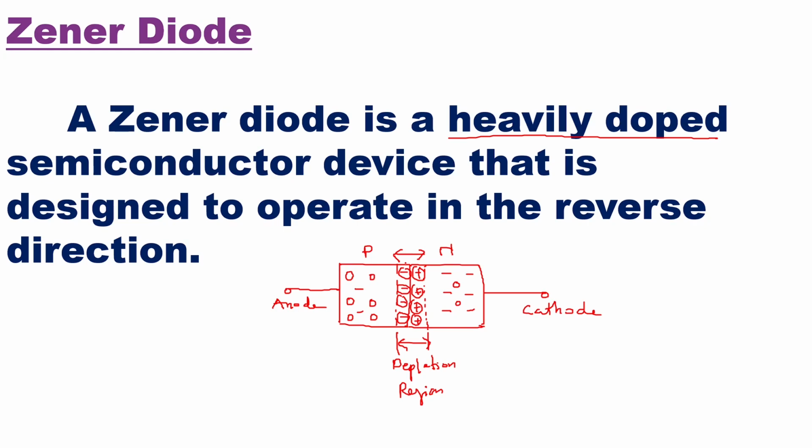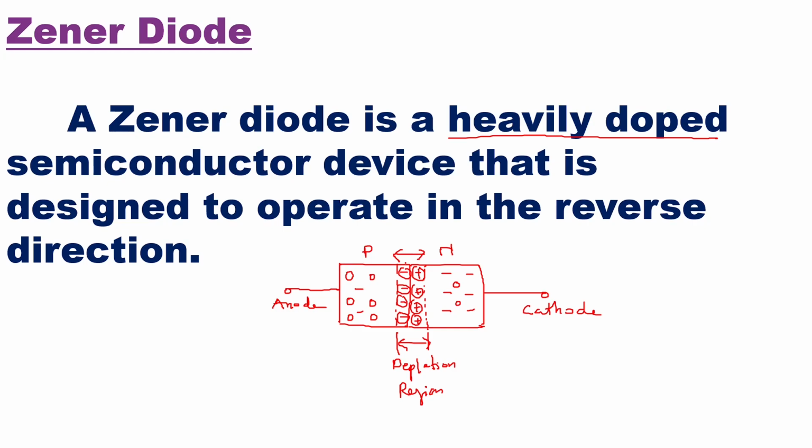A voltage regulator is a circuit which keeps the output voltage constant in spite of variation in the input voltage or in the output load. In any of these cases, the output voltage should remain constant. So the Zener diode is a device which can be used as a voltage regulator.